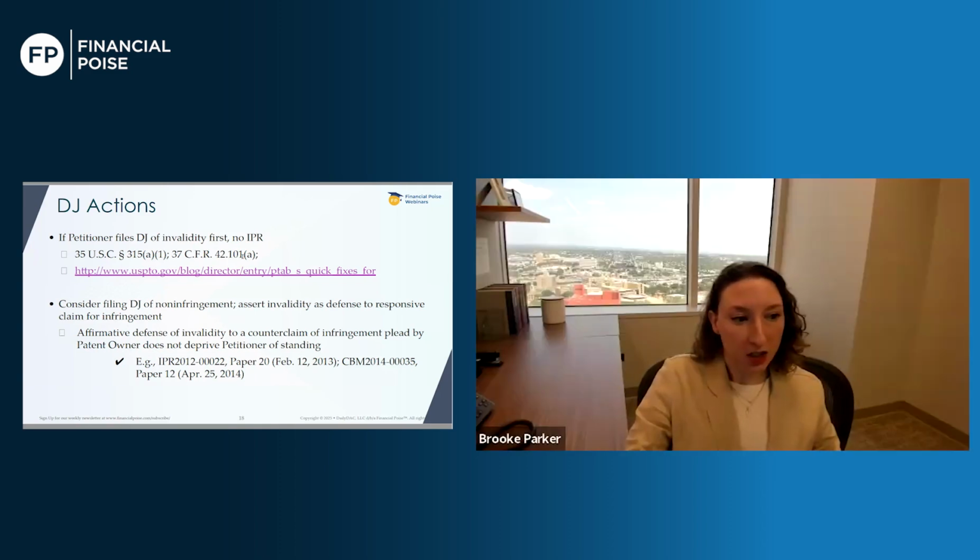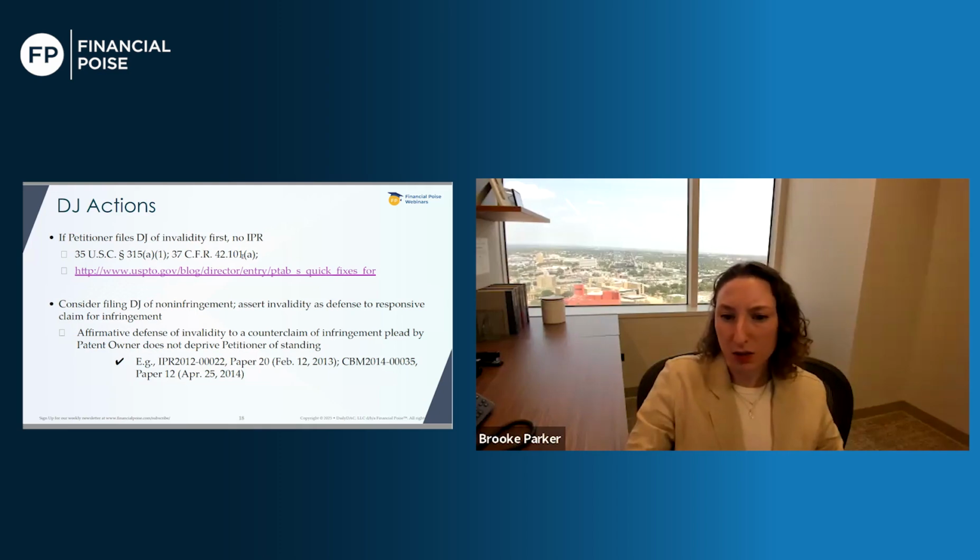Yeah, so by statute, if you file a declaratory judgment for invalidity, you cannot file an IPR. There is a bit of a workaround to this, but essentially that means that if you're going to file a declaratory judgment, you should be very careful that you're only filing it based on non-infringement.